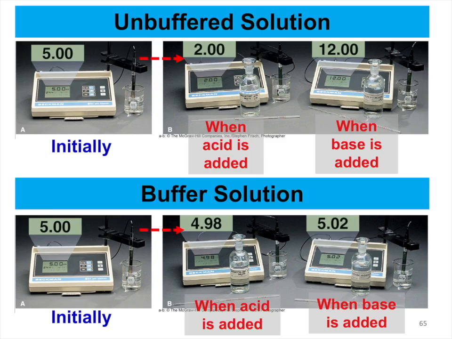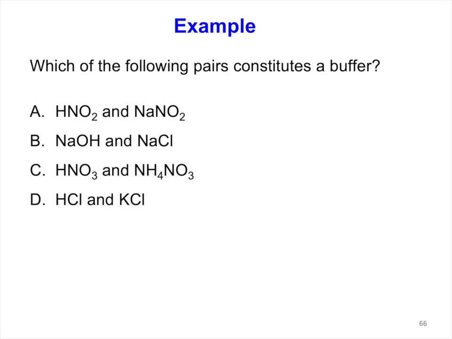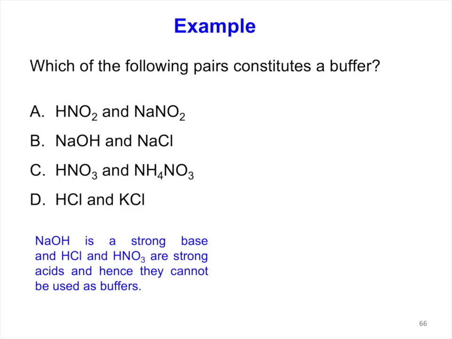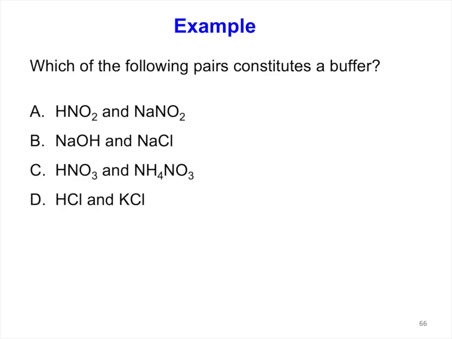Which of the following pairs constitute a buffer? A is a combination of HNO2 and NaNO2. B is the combination of sodium hydroxide and NaCl. C is the combination of HNO3 and NH4NO3.